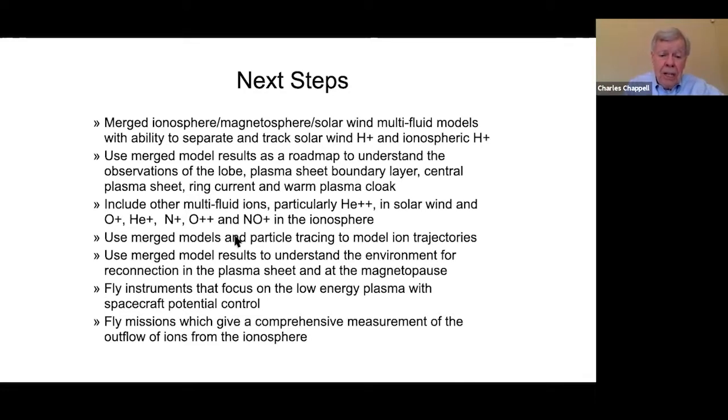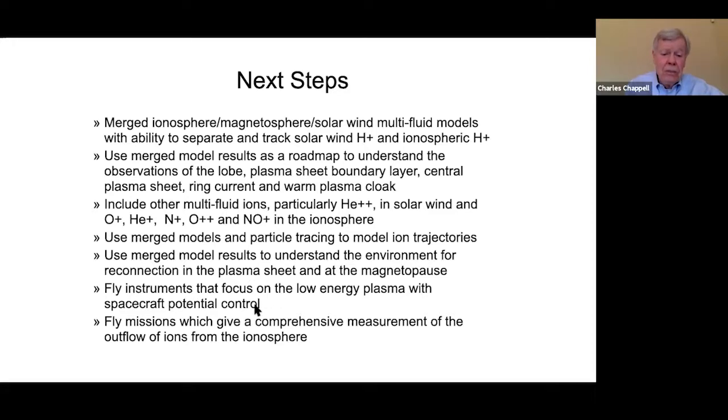And then the merged models using those and the particle tracing will help us understand what we're looking at with the particle measurements. And it also will help us understand how the environment for reconnection is created in the plasma sheet and at the magnetopause.